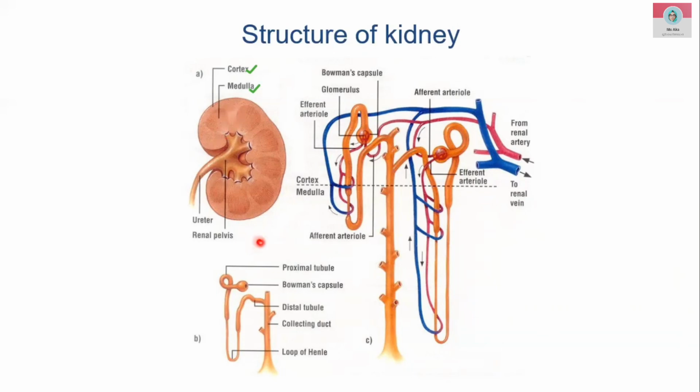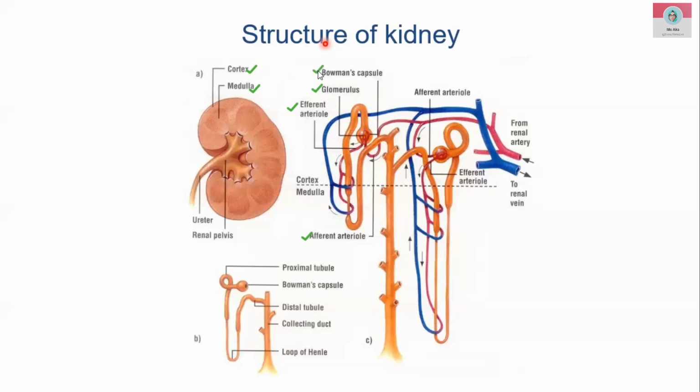Once we go through the nephrons, you are required to be able to identify and label the structures. You must be able to identify and label the afferent and efferent arterioles, and the glomerulus. How does the glomerulus look? Basically, the glomerulus is the knot of capillaries.